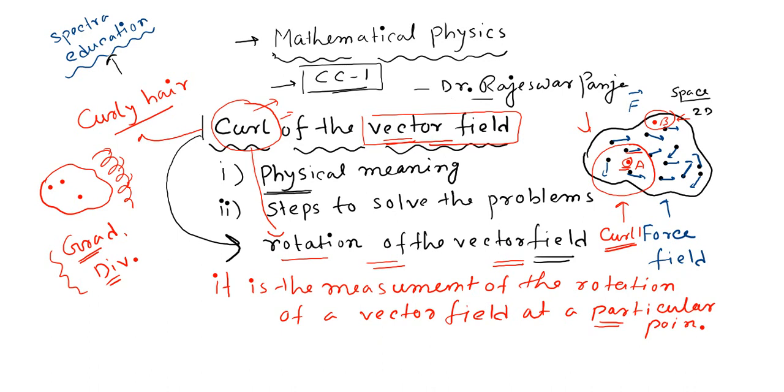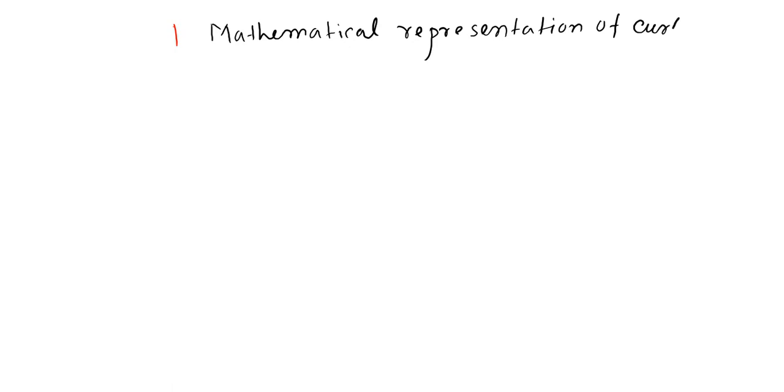So what is the mathematical symbol, or how do we find the curl of the vector field? We will discuss that here. The mathematical representation of curl, that is, curl of a vector field.